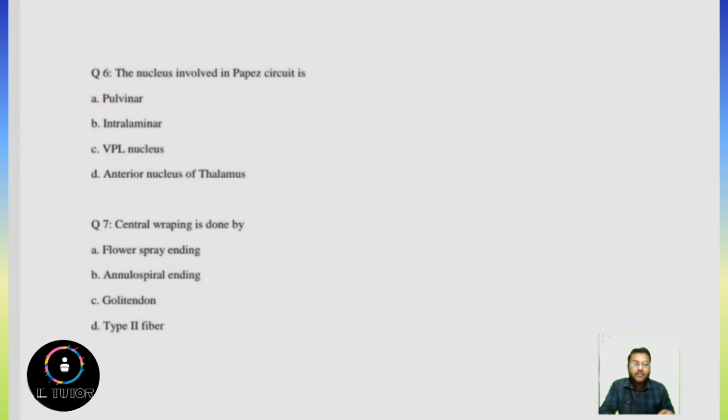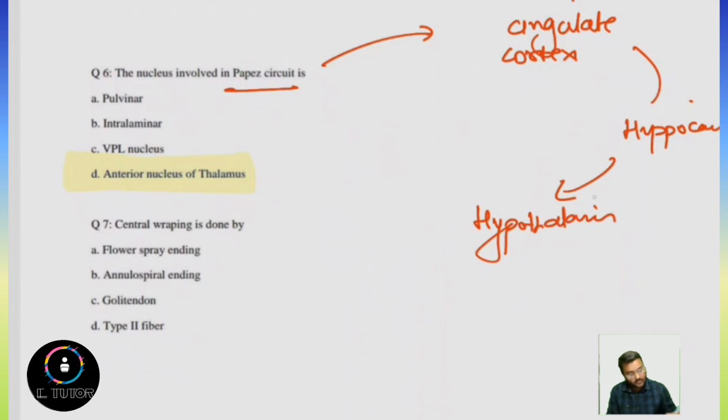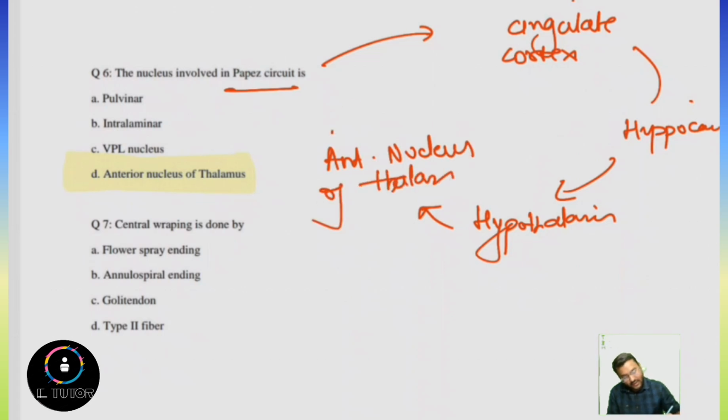The nucleus involved in Papez circuit is the anterior nucleus of thalamus. Option number D is the correct answer. If we talk about Papez circuit, it includes cingulate gyrus, cingulate cortex, then hippocampus, then hypothalamus, then anterior nucleus of thalamus, then sensory cortex, then again cingulate cortex.